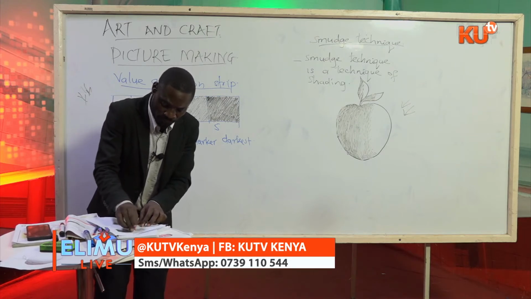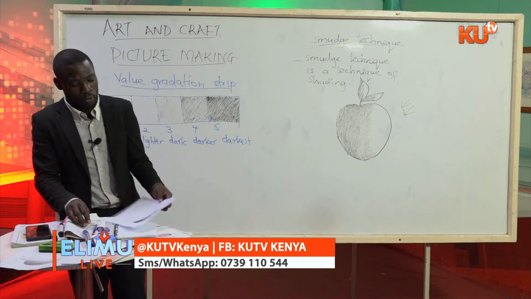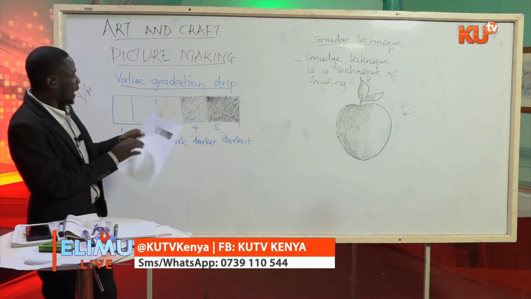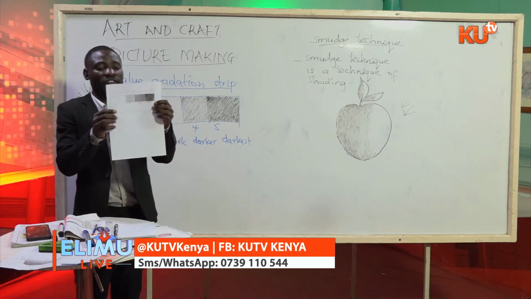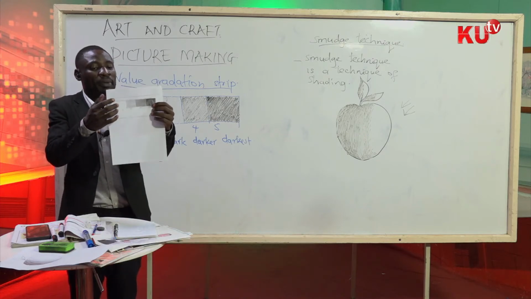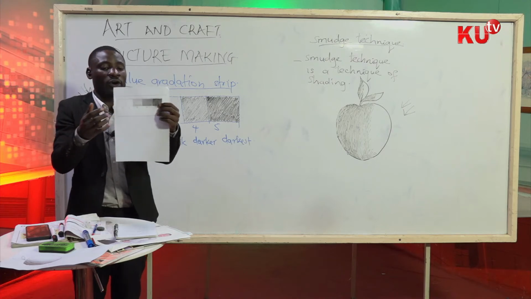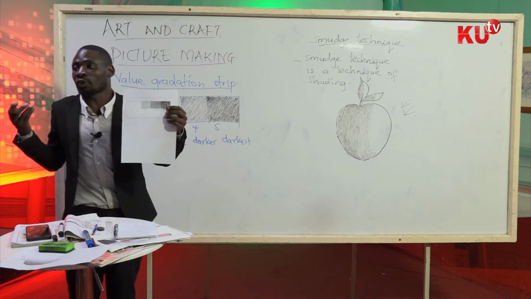Okay, we are almost there. The third box, we are done with the third box, which is now appearing lighter compared to the rest, because we are moving towards the light.